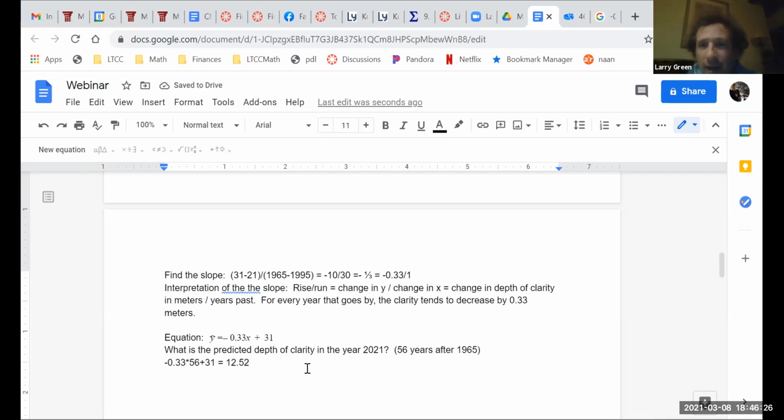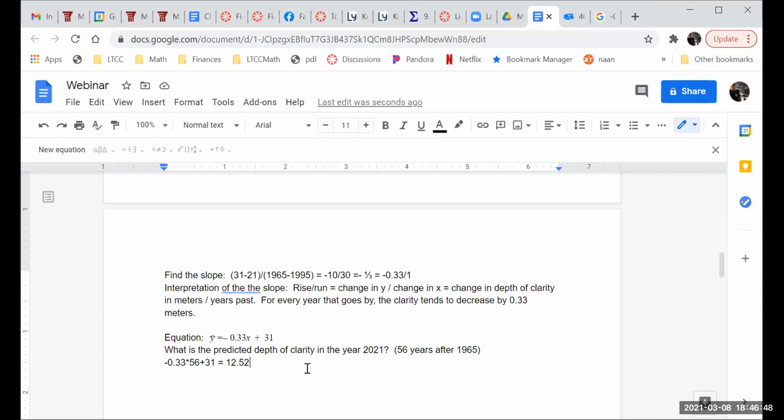Is that okay, by the way? Would it be okay to now have a clarity of 12.5 meters? Those who live in Tahoe, by the way. Those who don't live in Tahoe may not care. What do you think?